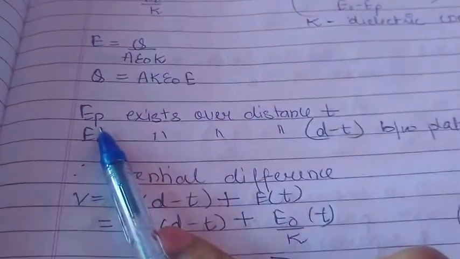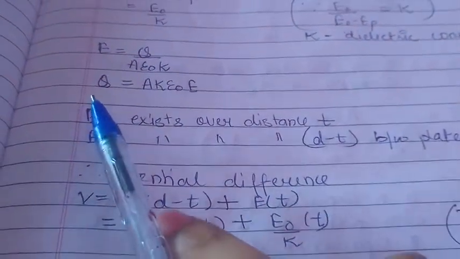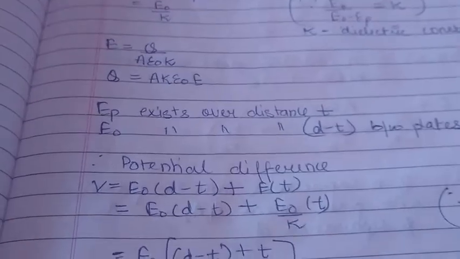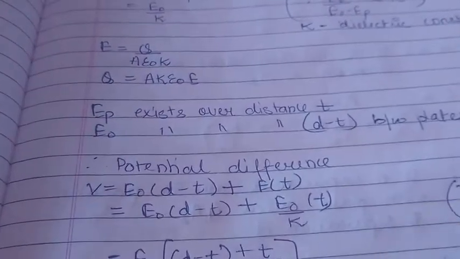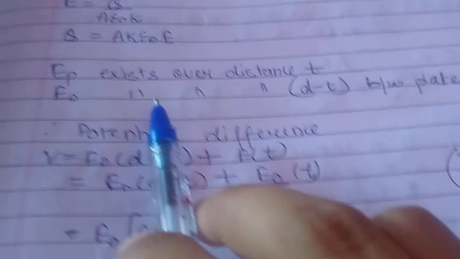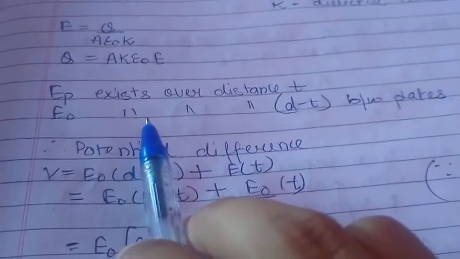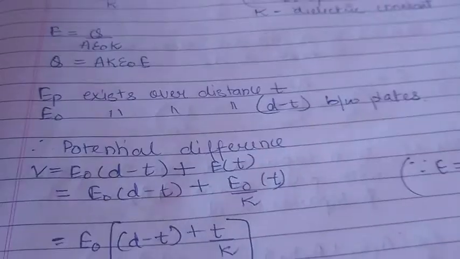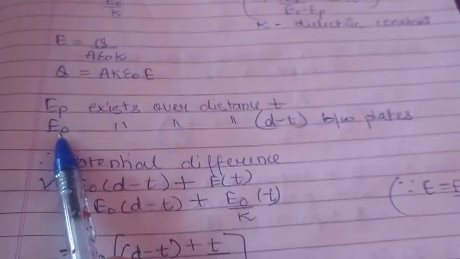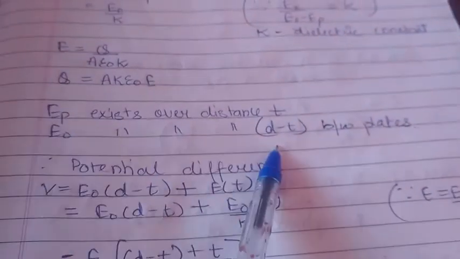Now this electric field due to the induced charges in the dielectric exists over the distance t, that is the thickness of the dielectric. Outside that, over the distance D minus t, the E naught electric field exists between the plates. So for the E naught electric field the distance is D minus t, and for the E electric field the distance is t.